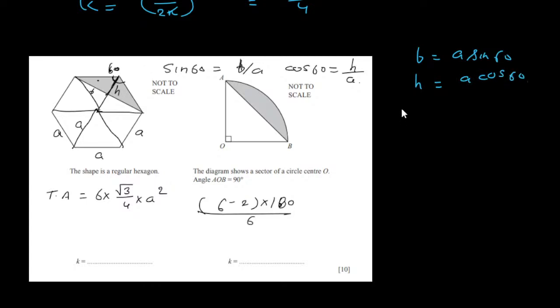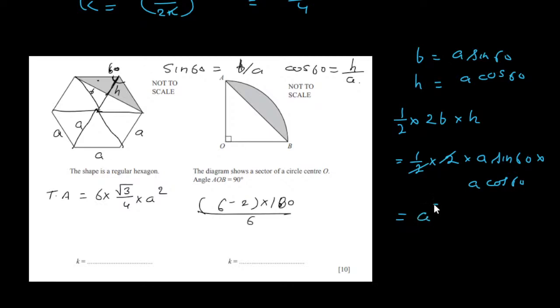The area of this triangle is half into total base, which will become 2b, into height h. So this is half into 2 times b, which is a sin 60, times h, which is a cos 60. The 2 will cancel, and here I have a square.